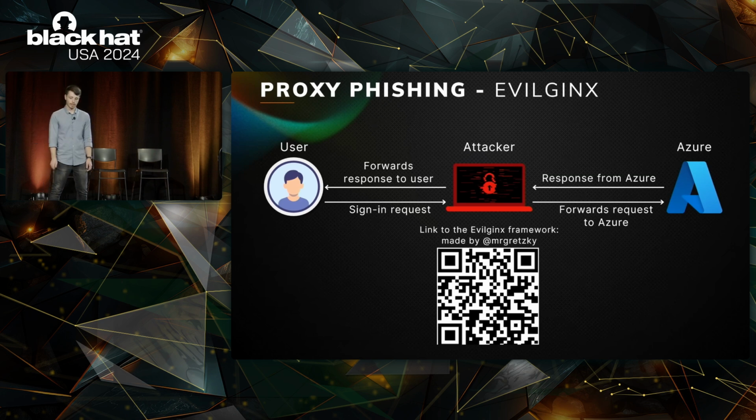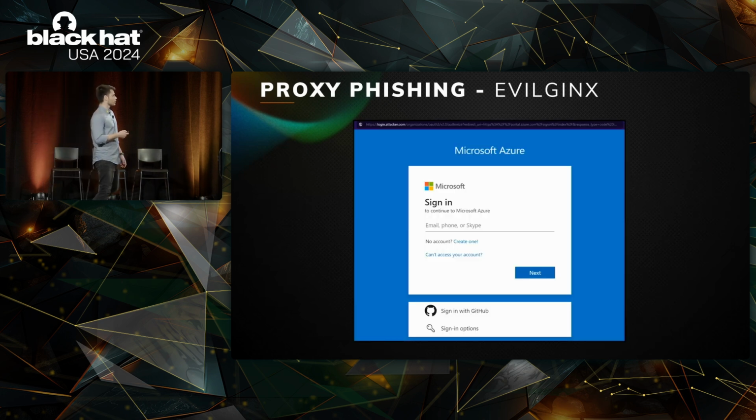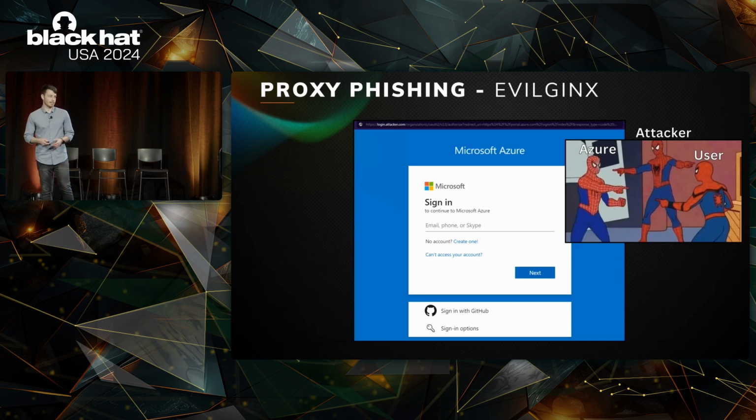It's a great framework. And I wanted to show you how it looks when you set it up. You're going to see this is just the regular Microsoft page, and really it's a one-to-one replica. You cannot really tell it is a phishing page because there's no HTML or CSS involved here. It's just a proxy for Microsoft.com.